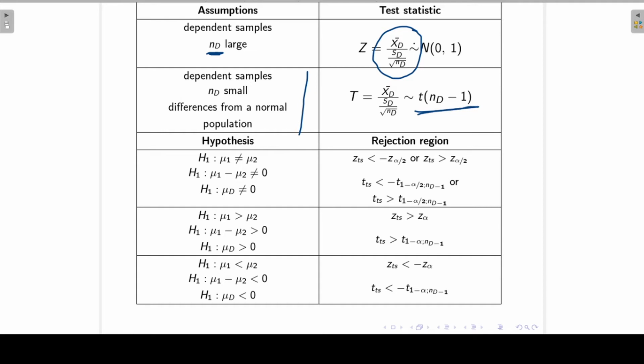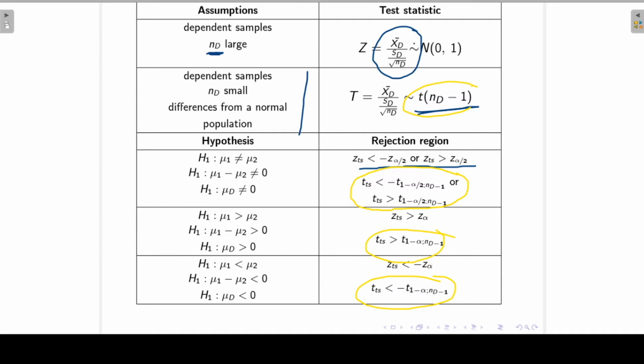For the rejection region, if we are working with a large number of differences, because the test statistic follows the approximate normal distribution, we will use the Z tables to get our critical values, whereas if we are working with a small number of differences or pairs, my test statistic follows the t distribution, and therefore our critical values will come from the t distribution.